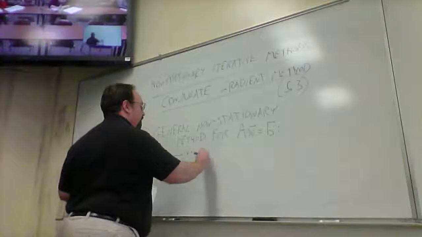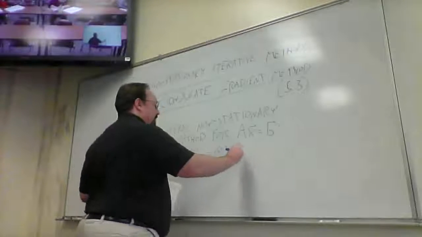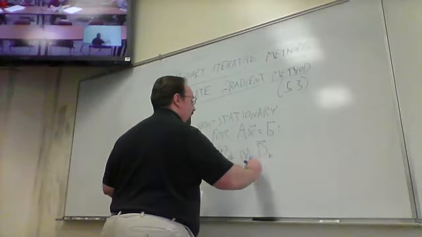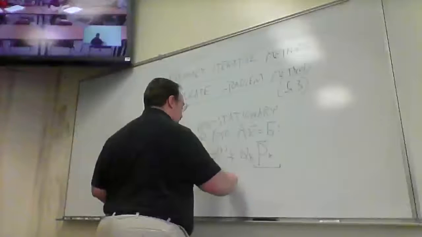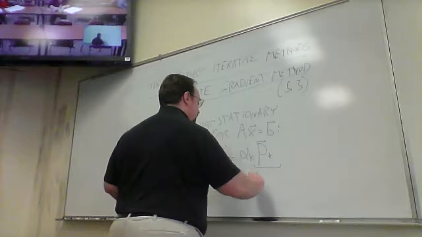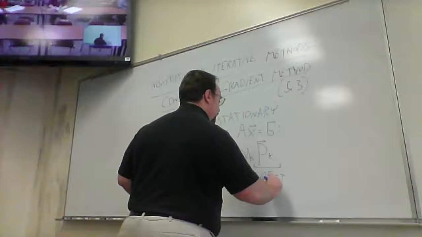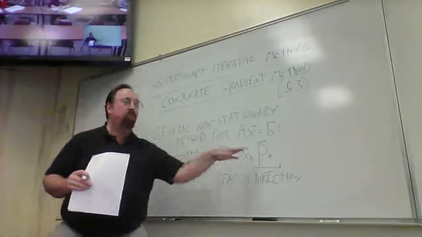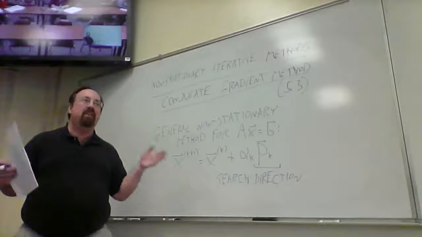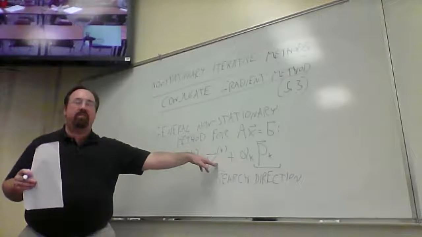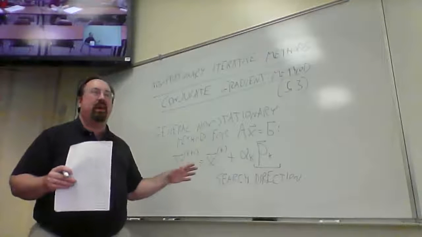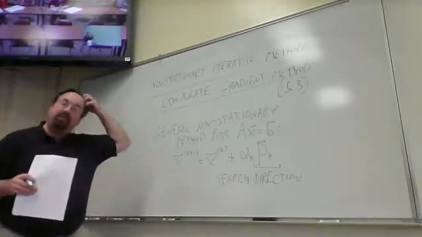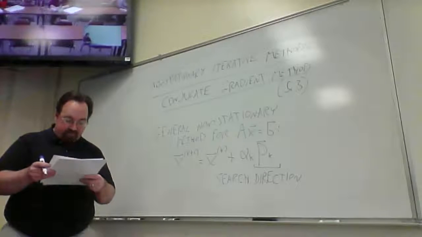So a new iterate is equal to the previous iterate plus some constant, alpha k, times some vector pk. And this is called a search direction. So from your latest guess, you try to determine what is an appropriate direction to search in your n-dimensional space to try to improve on this solution. And then once you have a direction in mind, then you try to determine how far should you travel along that direction to get to your next iterate.